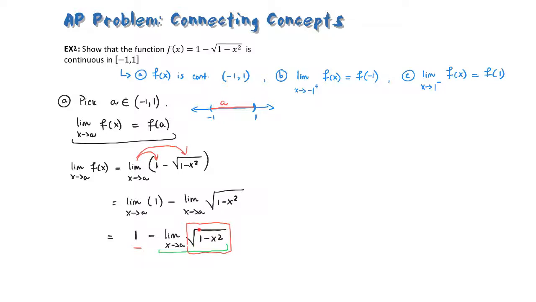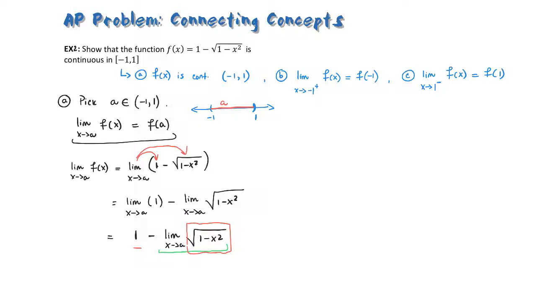The radical function is going to be undefined whenever the inside is negative. So I have to analyze the inside function. I have to see what 1 minus x squared is going to put inside of the radical. We want to make sure that 1 minus x squared doesn't put something negative inside of the radical.